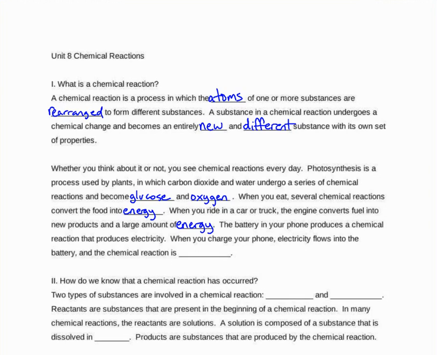The battery in your phone, it's producing a chemical reaction. So this chemical reaction is also concerned with energy. Electrons are moving from one reactant to the other. The energy is being transferred. Eventually, the reaction stops because it ran out of reactants.